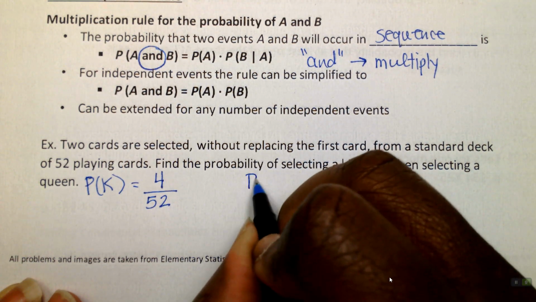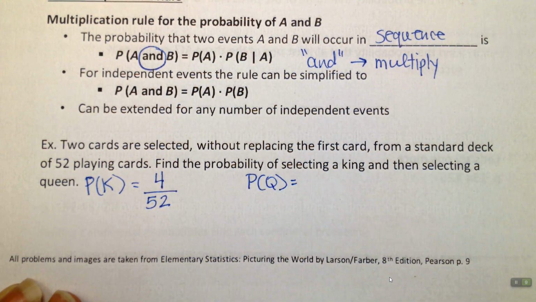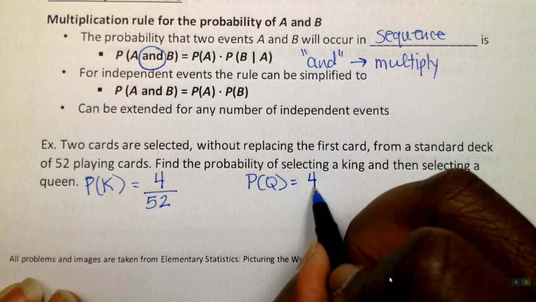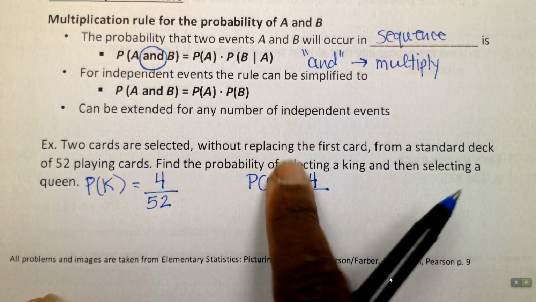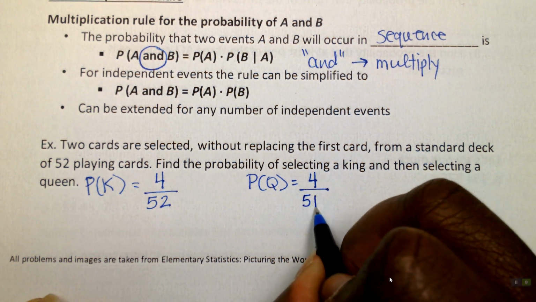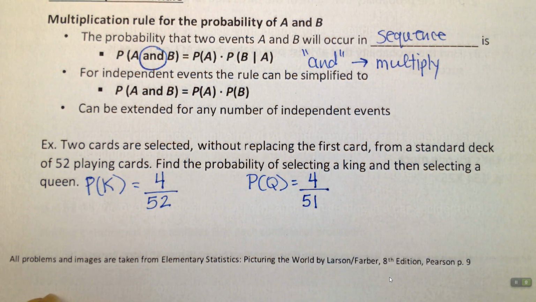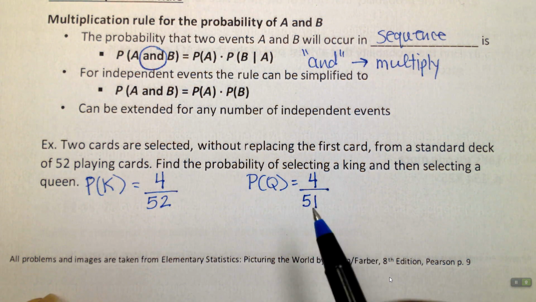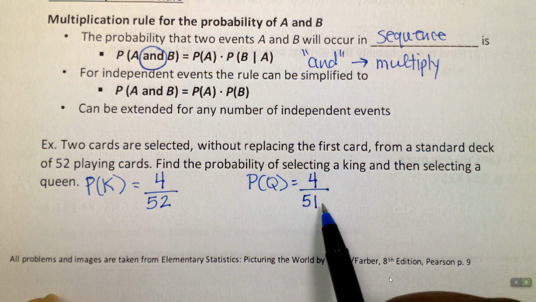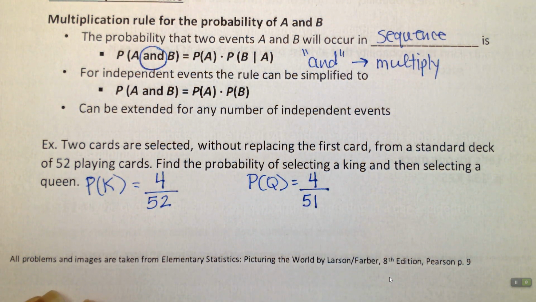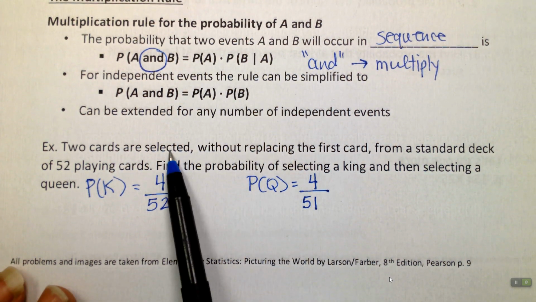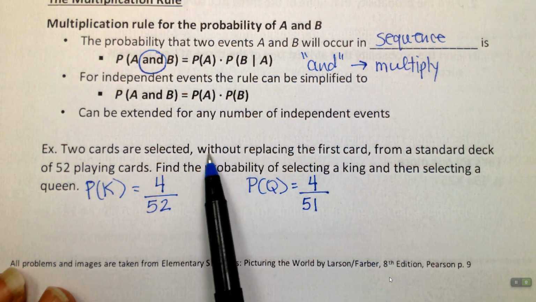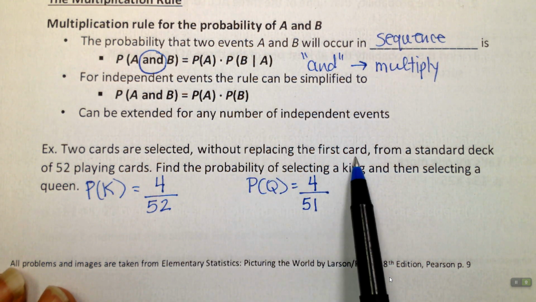But my queen, I have 4 of them. But I don't have 52 anymore because I didn't put that king back. So now I have 51. I took one of the kings away, and I don't have all 52 cards. I only have 51 to choose from. This number changed because this problem was a dependent problem. I didn't put the first card back.